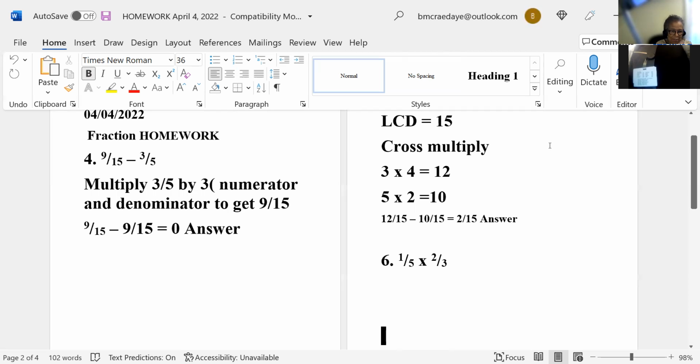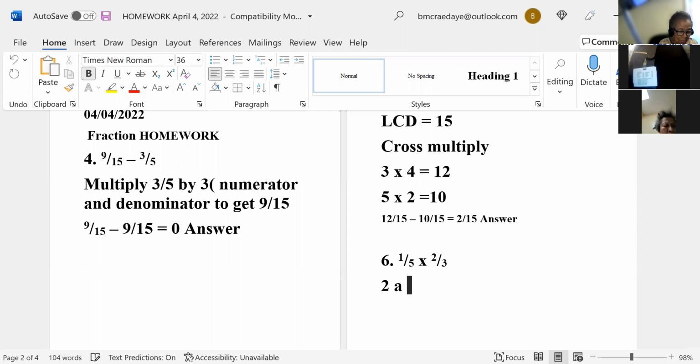Numerators times numerators is 2 times 1, so that would just be 2. Those are the numerators. And 5 times 3 is 15.